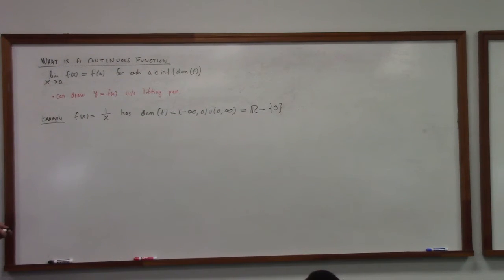But because it's not a point in the domain, we can't ask the question, is the function continuous at 0? Our definition of continuity requires us to look at points within the domain of the function. So the question, is 1 over x continuous at 0, is not even defined in our lexicon of ideas.